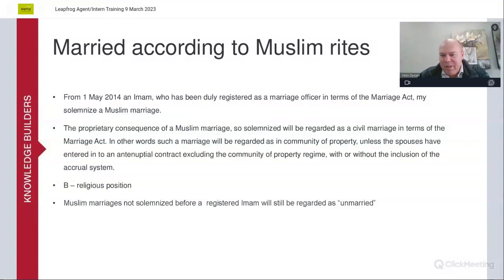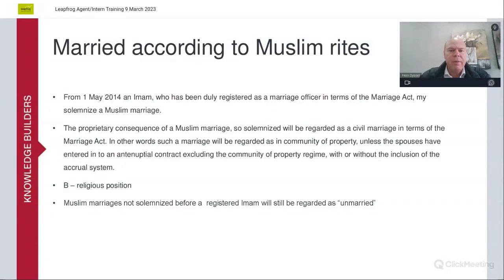Then, if we have a look at Muslim rites, some people get married according to Muslim rites. Normally, what would happen is the parties will go to the Imam in order to get married according to the traditions and customs of the Muslim faith and religion.